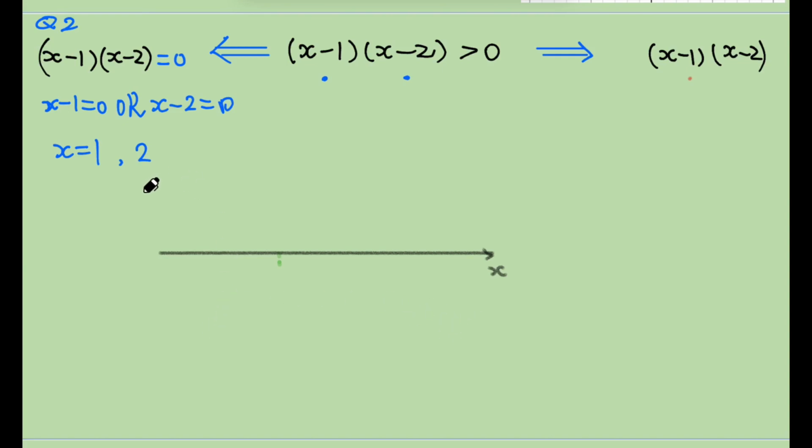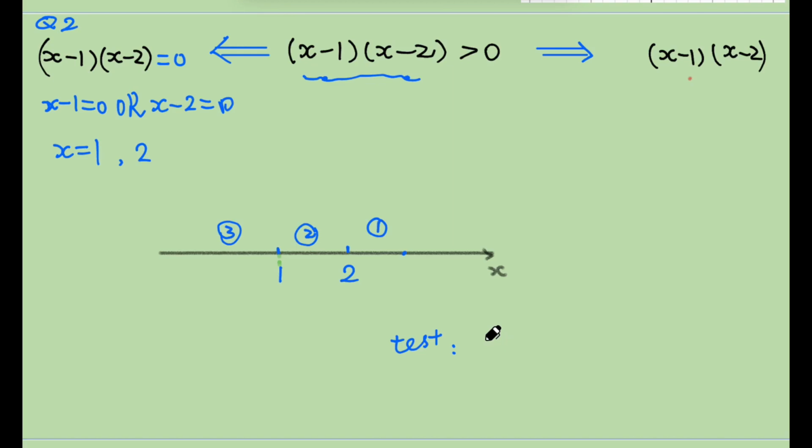Second step, we label these two solutions on the number line in the accurate order. Then the number line has been divided into 3 sections. For the first section, all the values in this part will make the left-hand side of the inequality positive.